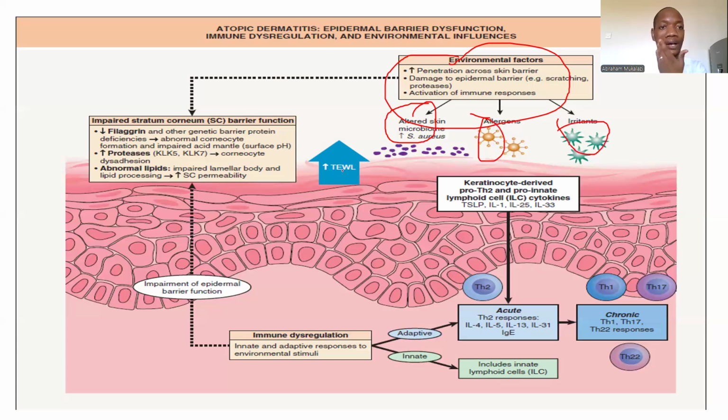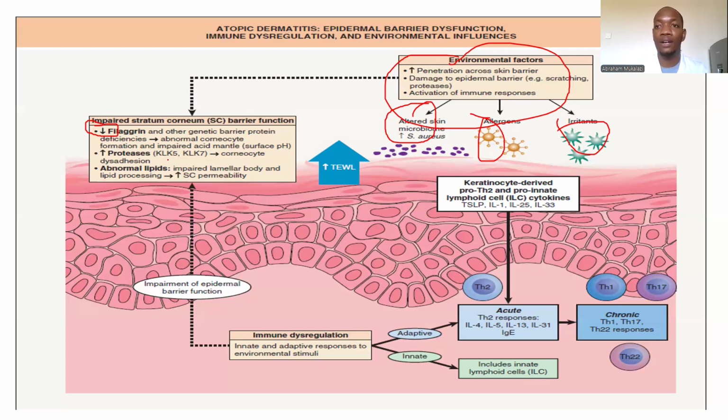Then we have the impaired stratum corneum. We've seen it having a genetic implication where someone has decreased filaggrin protein that gives rise to reduced hydration of the skin, increased permeability of the skin, so that irritants can easily go through. But at the same time, usually have increased proteases, especially the kallikrein proteases 5 and 7.